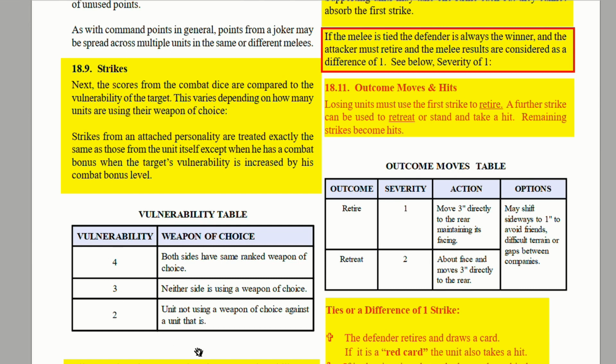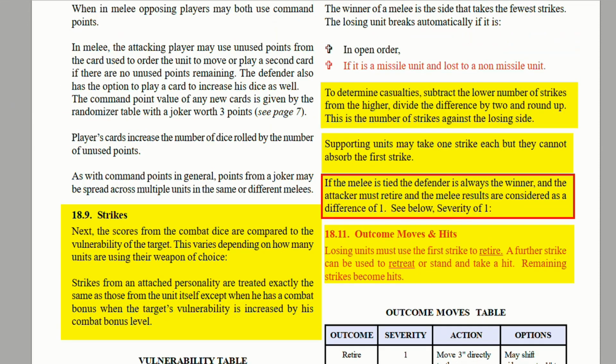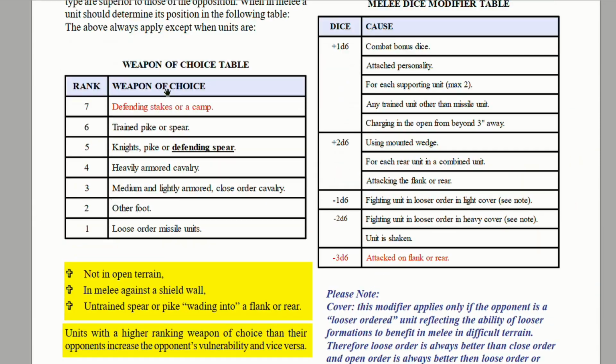Your opponent, who is not using weapon of choice against a unit that is, so your opponent won't have the weapon of choice or has a weaker weapon of choice, he has to score 1 or 2 to succeed. So depending on the situations and depending on the weapon of choice, the number required to hit is different.